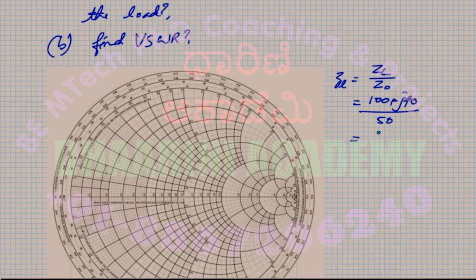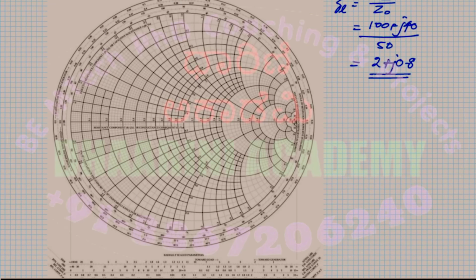Correct? So that is 2 plus j0.8. This is what I am supposed to mark on this Smith chart.